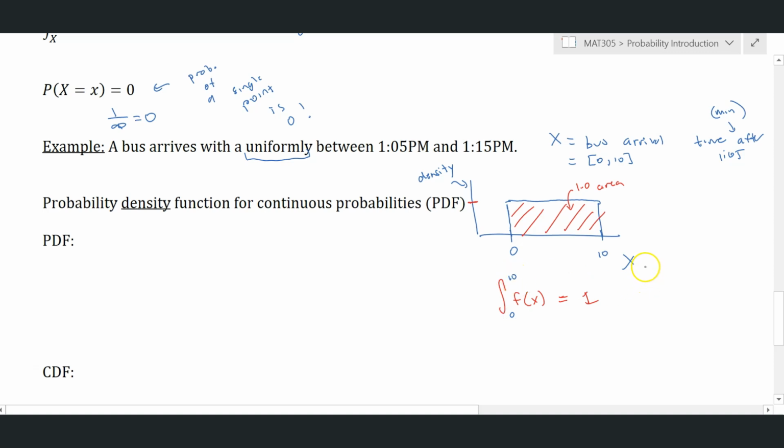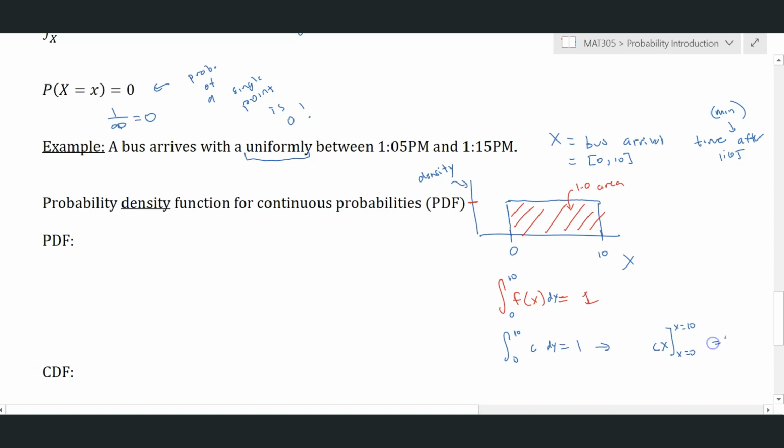All right, well, I have to ask myself, what would have to be the height of this? And without doing all of the calculus, the function that we would get here would be a constant, right? So the integral from 0 to 10 of some constant c dx equals 1. So the integral of a constant would be cx evaluated from x equals 0 to x equals 10.